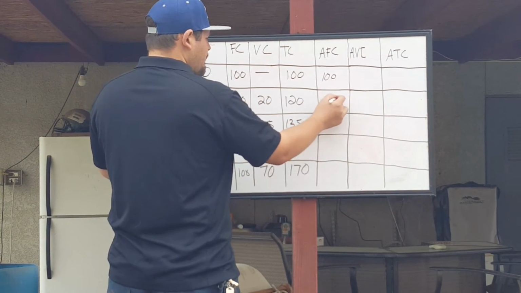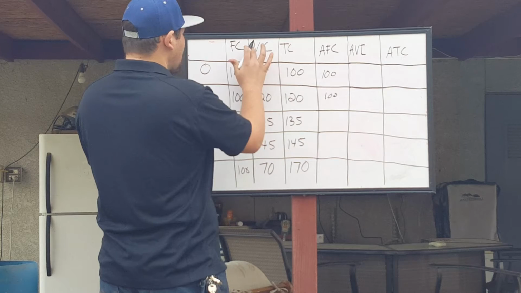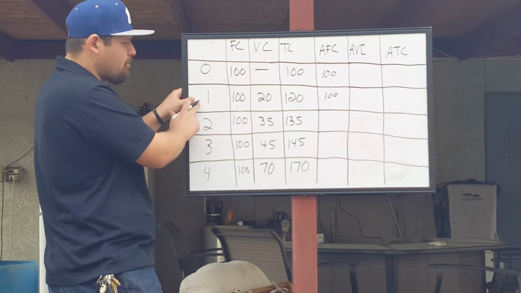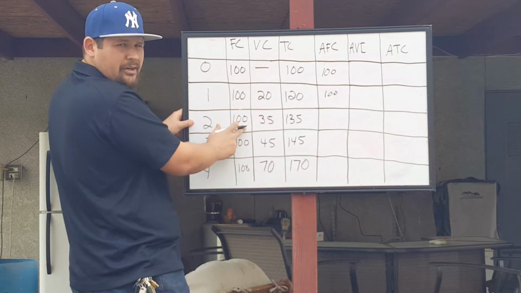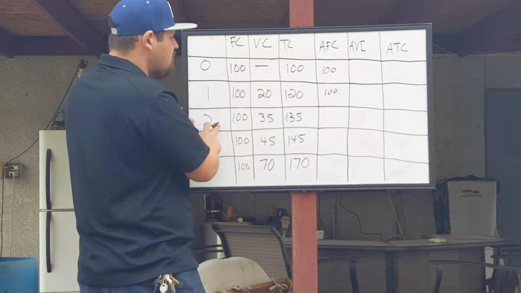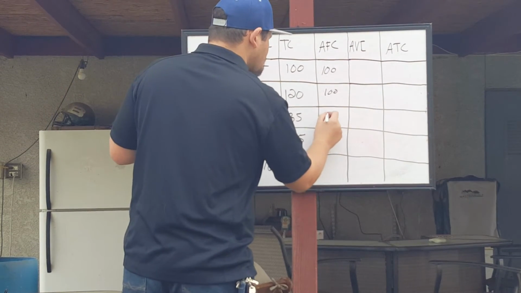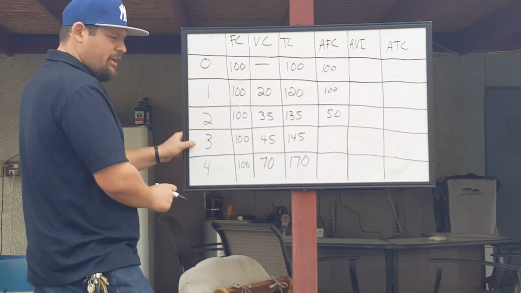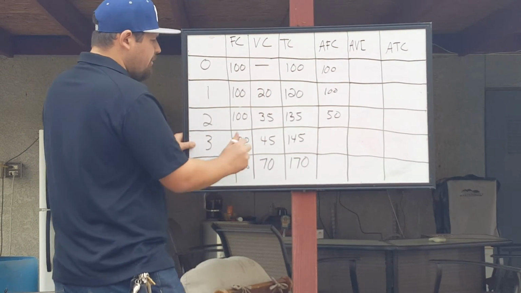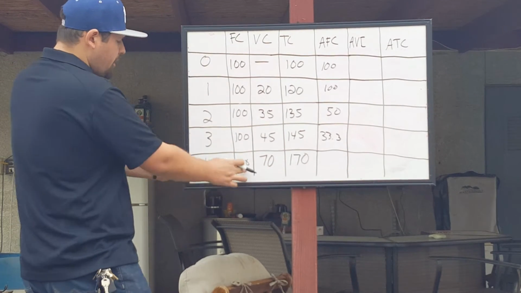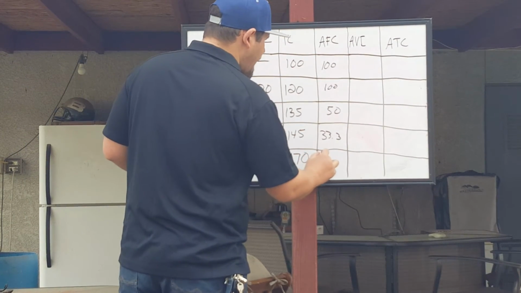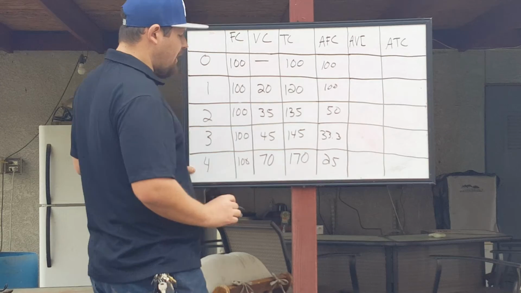It's going to be $100 because we took our fixed cost divided by the amount that we produced. Now let's take our fixed cost, which is 100, and divide it by 2. So our average fixed cost has now dropped down to 50. Over here, 100 divided by 3 is 33.3. And then right here, 100 divided by 4, our average fixed cost is $25.